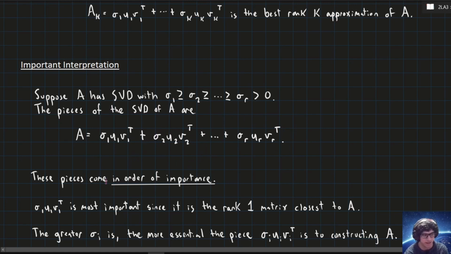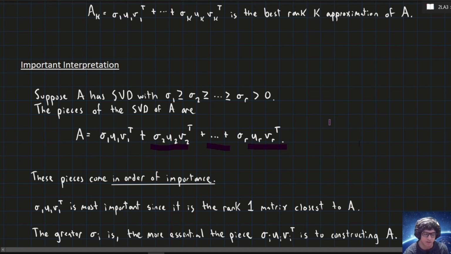So why do we say that? Well, sigma 1 U1 V1 transpose, the first piece, is most important because it's the rank 1 matrix closest to A. In particular, it's closer to A than any of the other pieces.